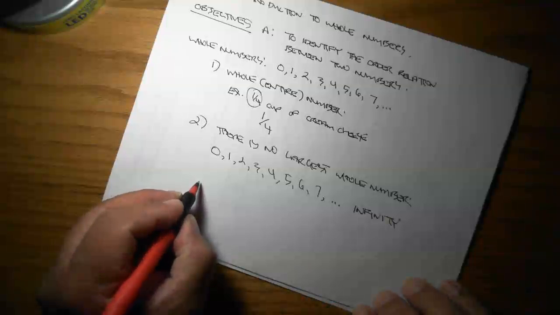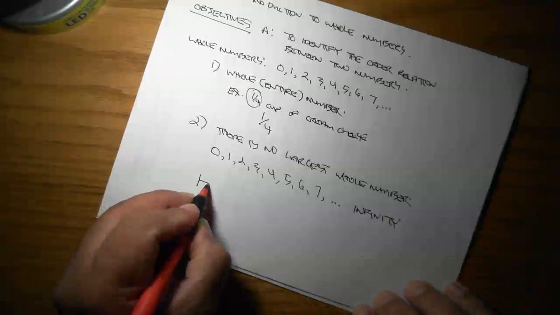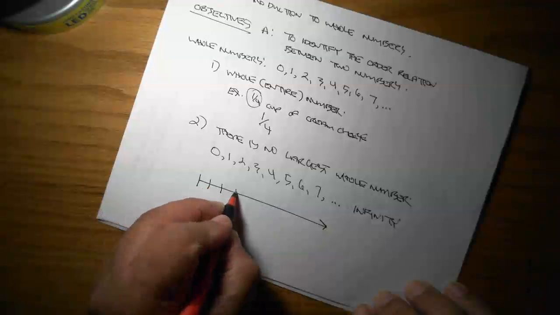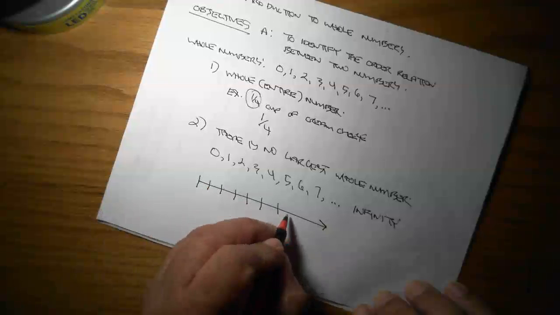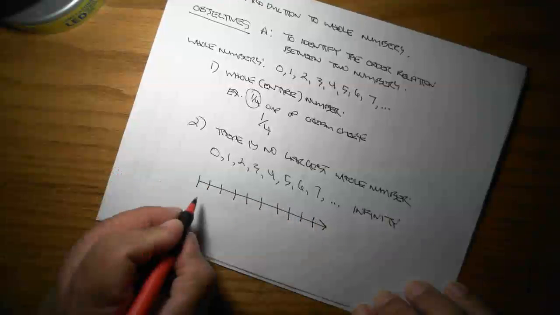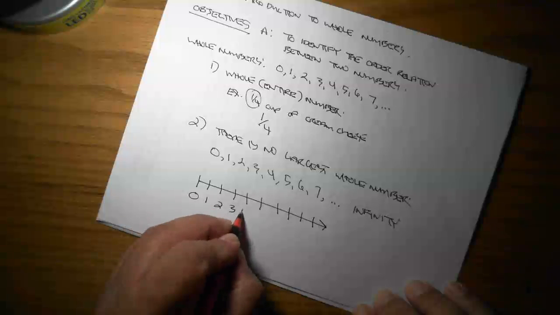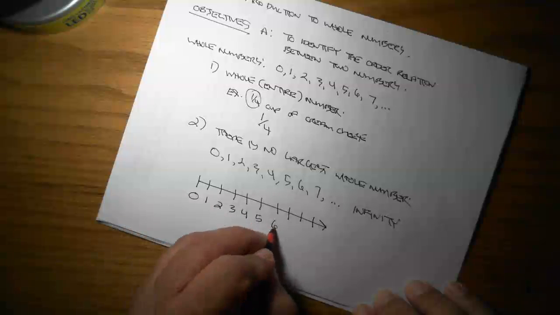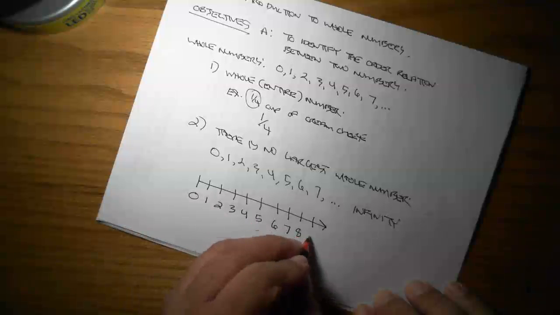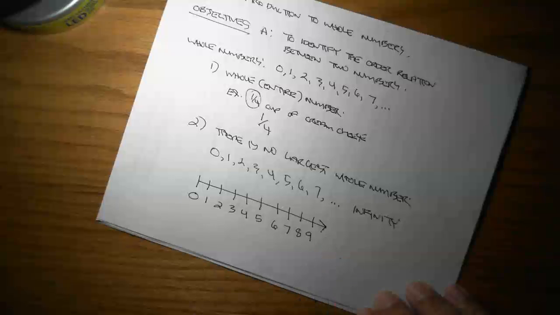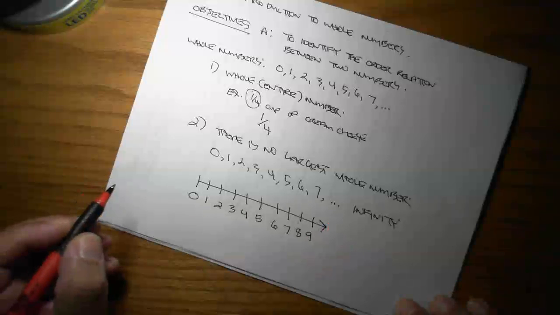Okay, I can draw a number line, so 0, 1, 2, 3, 4, 5, 6, 7, 8, 9. And the arrow in a number line means this very same thing as the 3 dots. And so on, off into infinity.